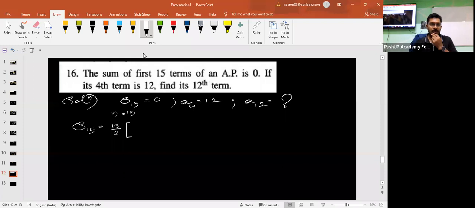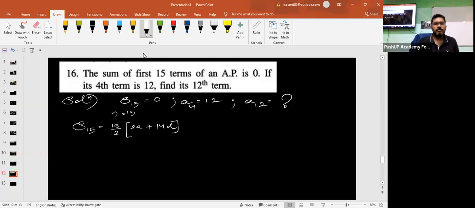No. Then the fourth term is given, minus the 12th term. Let me use a second formula: 2A plus 15 minus 1, which is 14 into D. S15 is what? 0. So 0 is equal to 15 by 2 into 2A plus 14D.